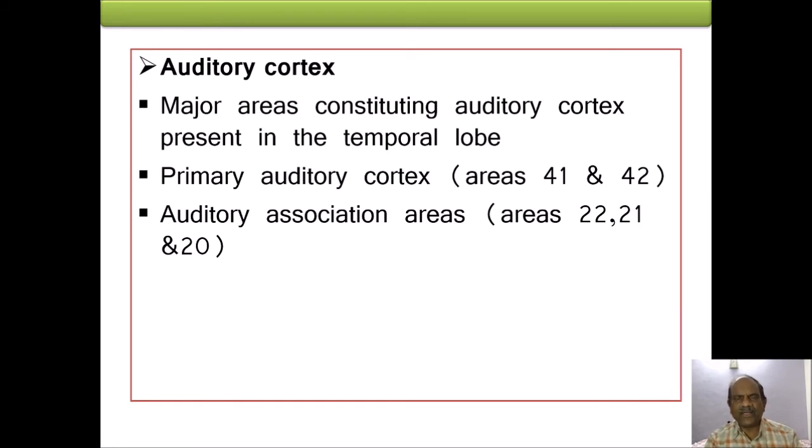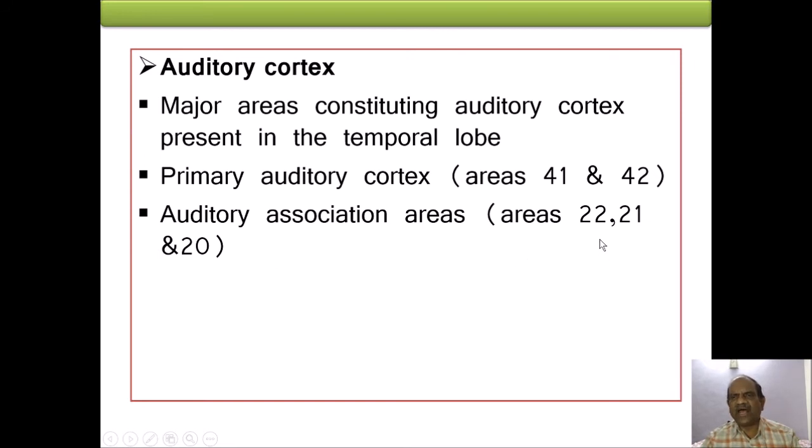For example, the major areas constituting the auditory cortex are present in the temporal lobe, which I have mentioned. It is divided into two parts: the primary auditory cortex and the auditory association areas. The primary auditory cortex consists of areas 41 and 42. The auditory association areas are areas 22, 21 and 20.